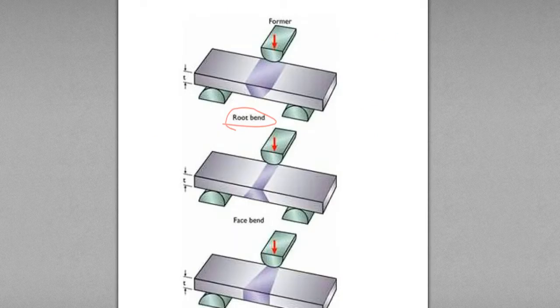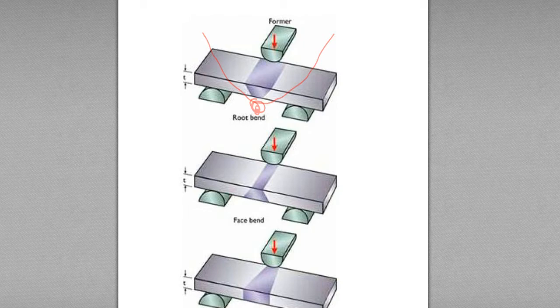So this is the root, the former, the jig is here and the load is applied in this direction, so the specimen bends like this, and the convex side is the root side.